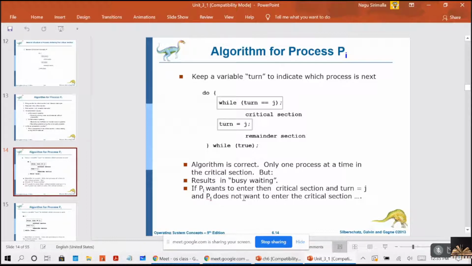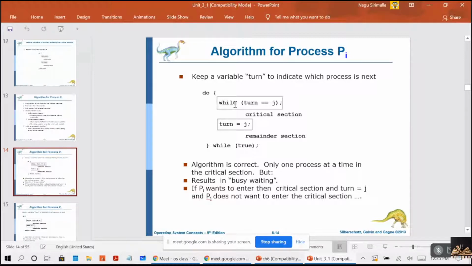So if Pi wants to enter the critical section, turn is equal to j, and Pj does not want to enter the critical section. What I am saying here is, if more than one process wants to enter into the critical section, now when Pi is entering into the critical section, it will make the turn equal to j, that is, next is j.